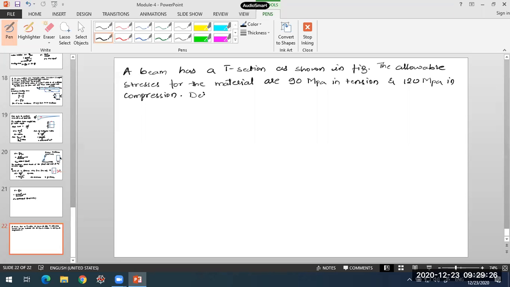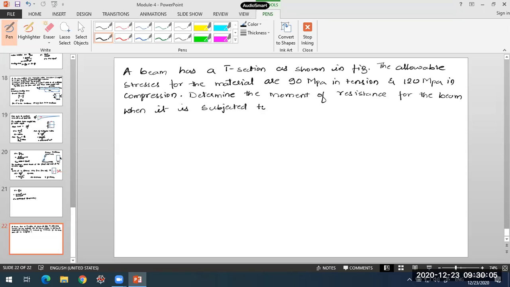Determine the moment of resistance for the beam when it is subjected to, first, sagging moment, and second, hogging moment.